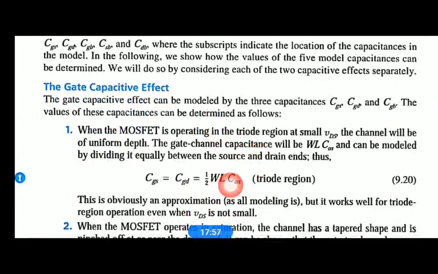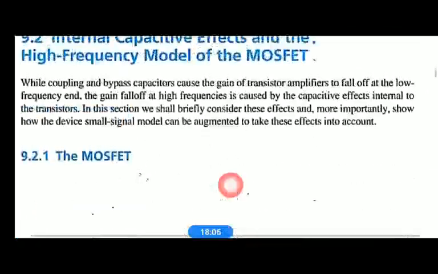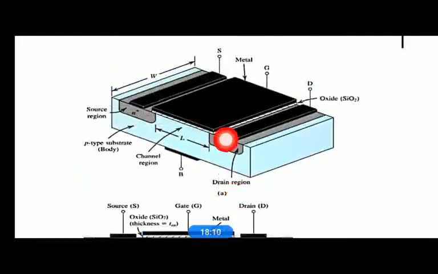And this capacitance is divided into two capacitances. Half of the capacitance we refer to as CGS, right? Half of it is given to the gate to source capacitance.